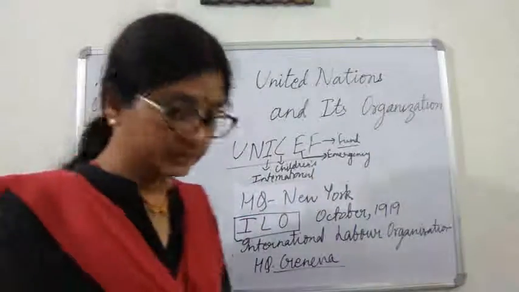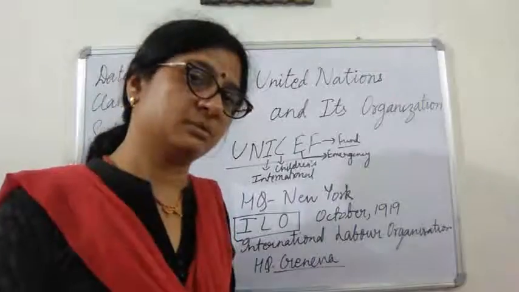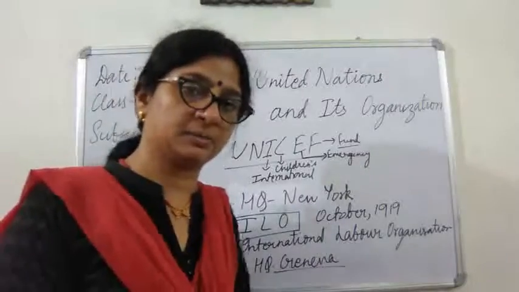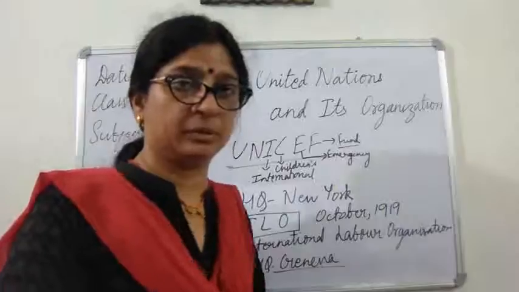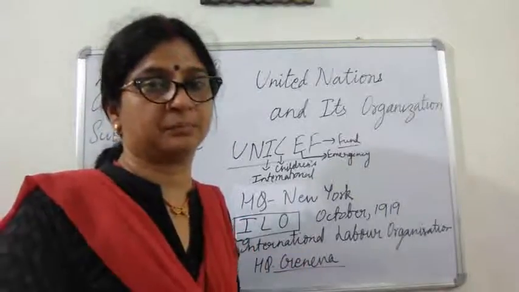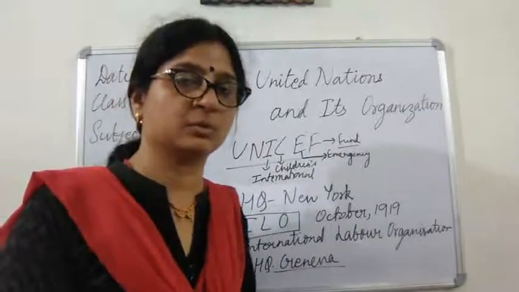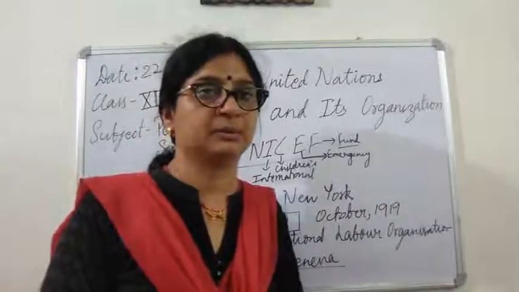So headquarters are very important because these are the most suitable questions for MCQs. So be ready for memorizing all these facts. Headquarters कहाँ पर है, कब वो established हुआ, all these things are important for you.